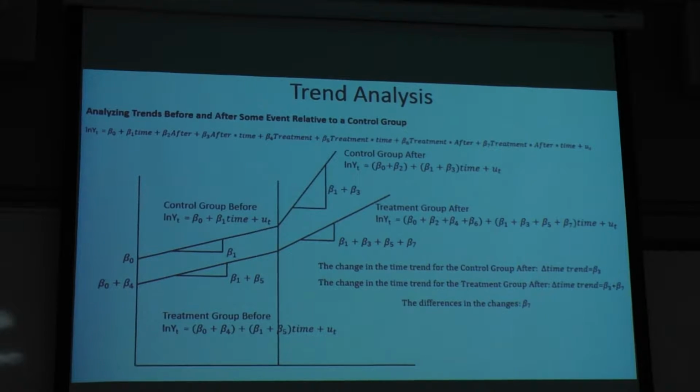And the beauty of this is it really boils down to, after all that work, look at that one coefficient, beta 7. If that's statistically different than 0, then we think that the treatment had some effect, either positive or negative.